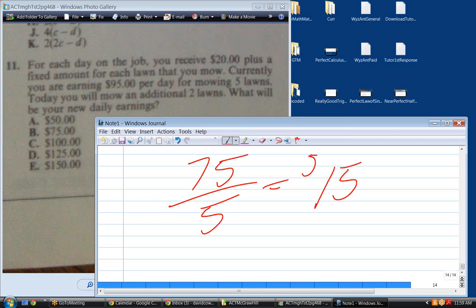So we're getting 15 per lawn, and today we're actually going to mow 7 lawns instead of 5. How much are we going to make today? $125. Good. Did you just add 30 to 95, or did you multiply 7 times 15 and add 20 to it? I just added 30 to 95. That's the best way to do it, by far.